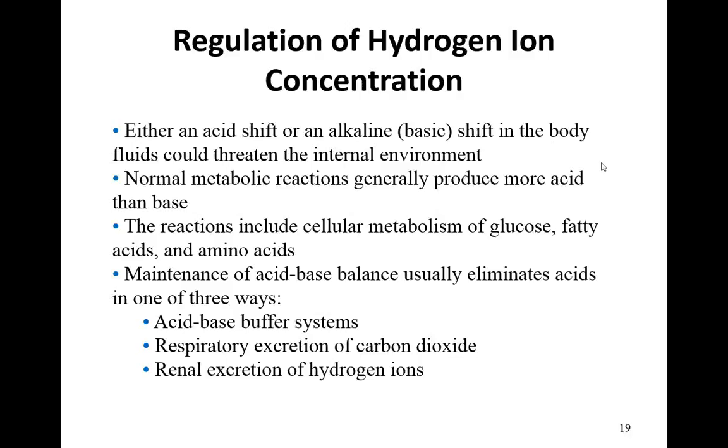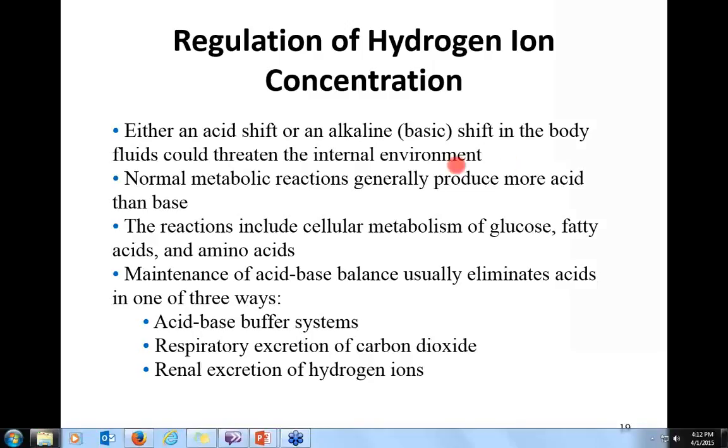Now, how do we regulate hydrogen ion concentrations or acid-bases in our bodies? Well, again, it's very important to maintain acid-base balance. During normal metabolic reactions, we're generally going to produce more acids than bases.